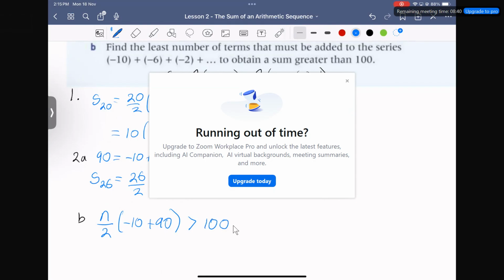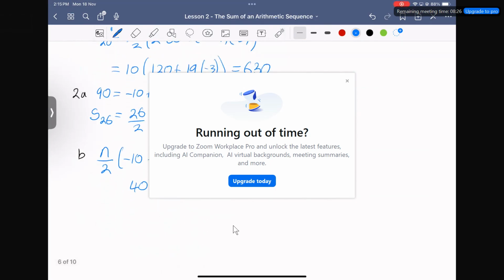So, let's do it, 40n has to be bigger than 100. So n has to be bigger than 10 over 4. n has to be bigger than 5 over 2. n has to be bigger than 2.5.